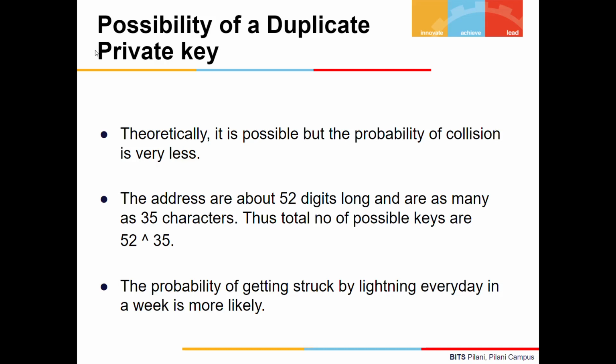Bitcoin addresses use alphanumeric characters with upper and lower case letters, which is 52 digits, and there are as many as 35 characters, which means that the total possible number of keys is 52 raised to 35, which makes the chance of getting a duplicate 1 in 52 raised to 35, which is a very small number. The probability of getting struck by lightning every day in a week is more likely than this.